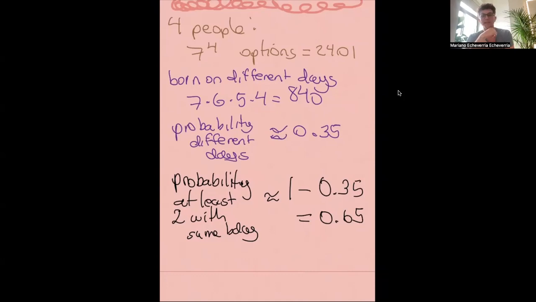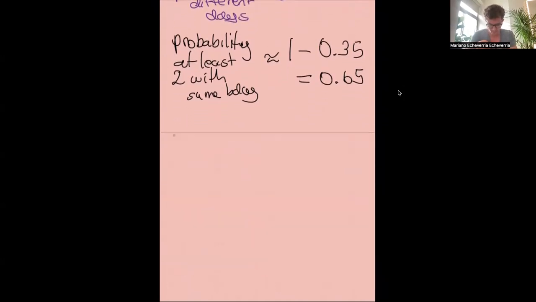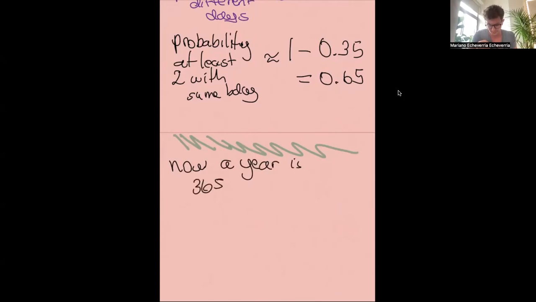So what's really cool is that now you can ask the same for an actual year, right? I started with the example of the week because everything is just numbers we can work with more easily. But now let's say that a year is an actual year, 365 days. So we come back to Earth.